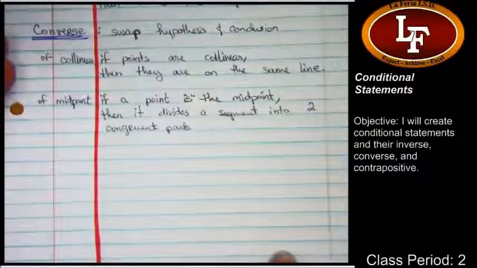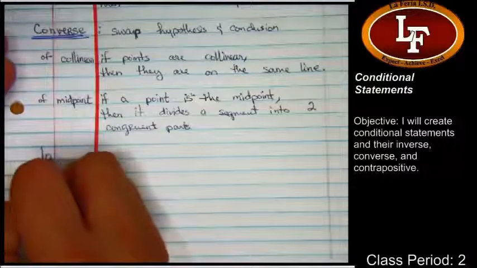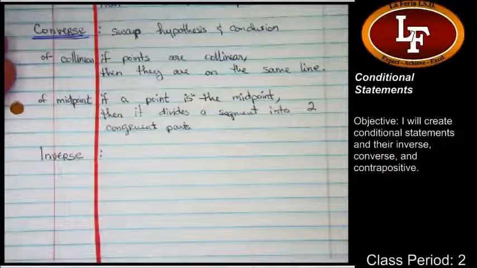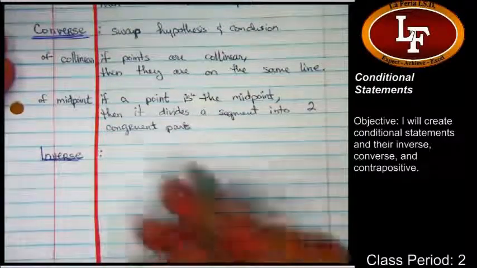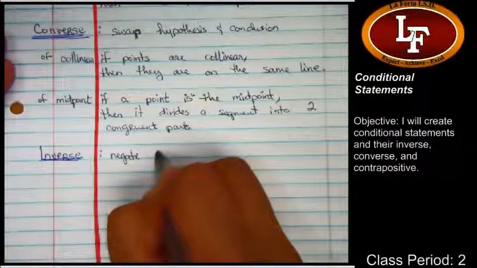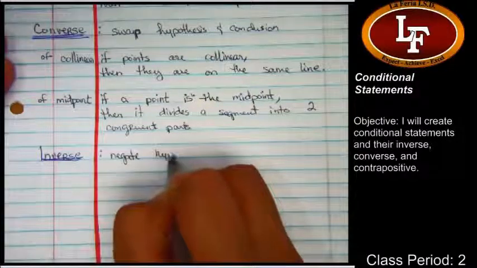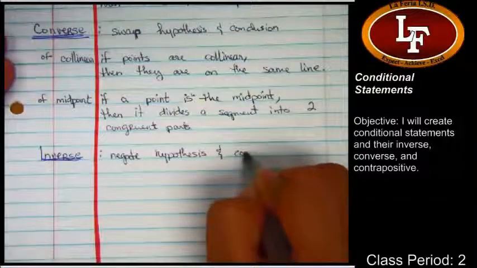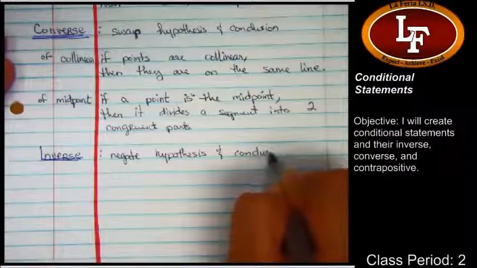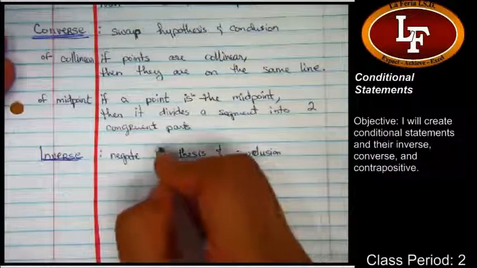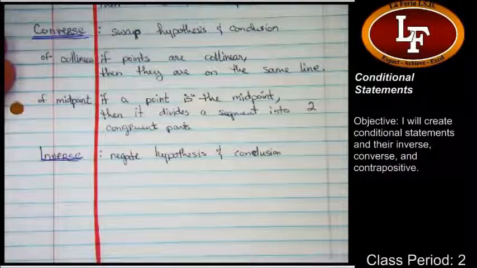All right, here's the next one. The next relative is going to be the inverse. The inverse asks you to negate the hypothesis and the conclusion. What does the word negate mean? Denied, yeah.